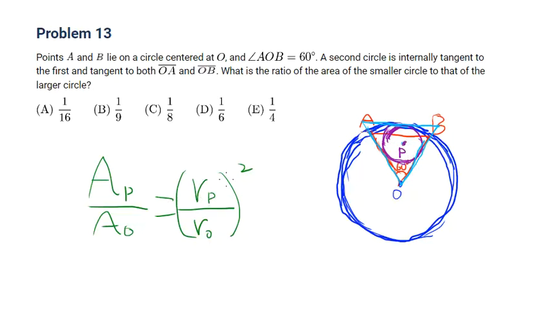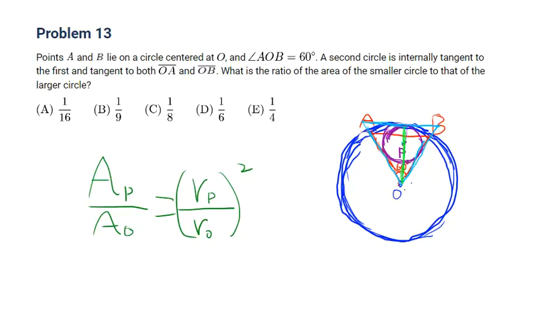Anyways, now the radius of this line is this. Since this is an equilateral triangle, the radius of P is going to be 1/3 of the height of the triangle. It's 1/3 of the height because, well, equilateral triangles.